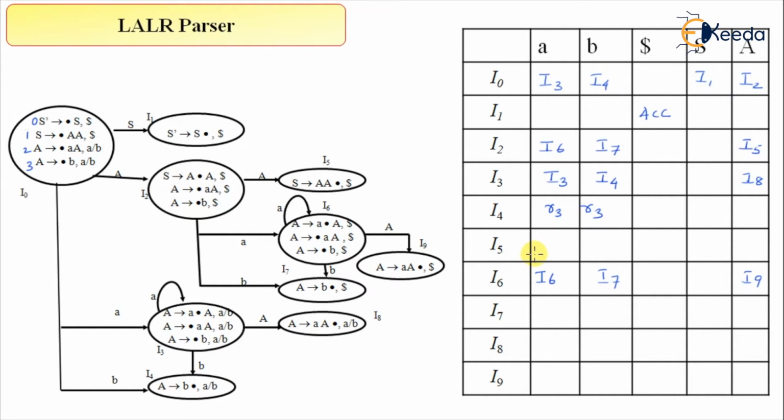I5 is production 1, so R1 in the dollar column. I7 is again R3 in the dollar column. I8 is R2 in the a and b columns. Finally I9 is R2 only, in the dollar column.